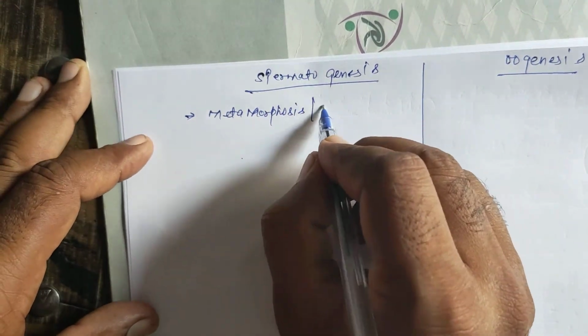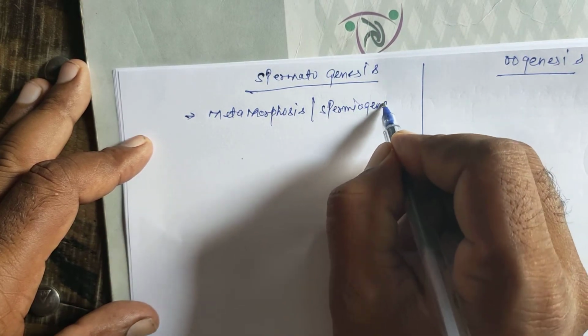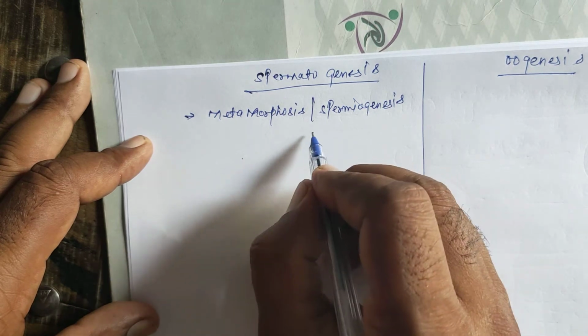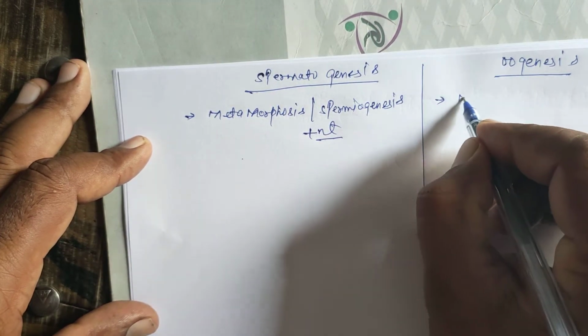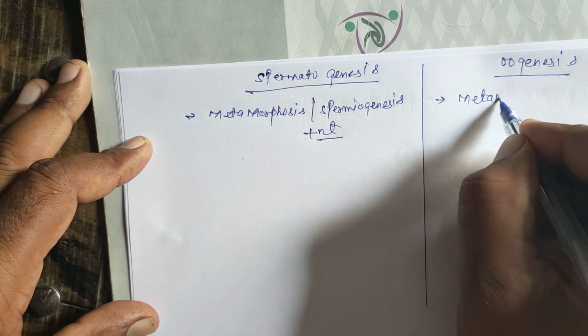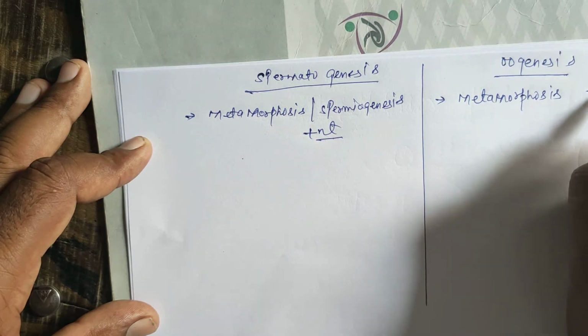It means spermiogenesis or spermateliosis is present in spermatogenesis, but in oogenesis metamorphosis is absent.